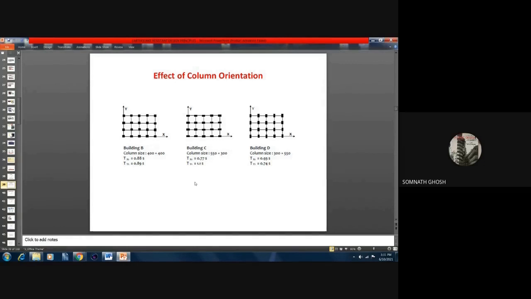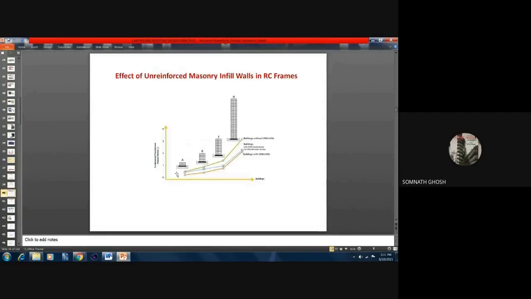So you have to provide the larger dimension of the column along the weaker side of the building. 15 by 30 means obviously the building is weak along 15 meters. What's my point? With the change in time period, your Sa by g will change. Think about it.